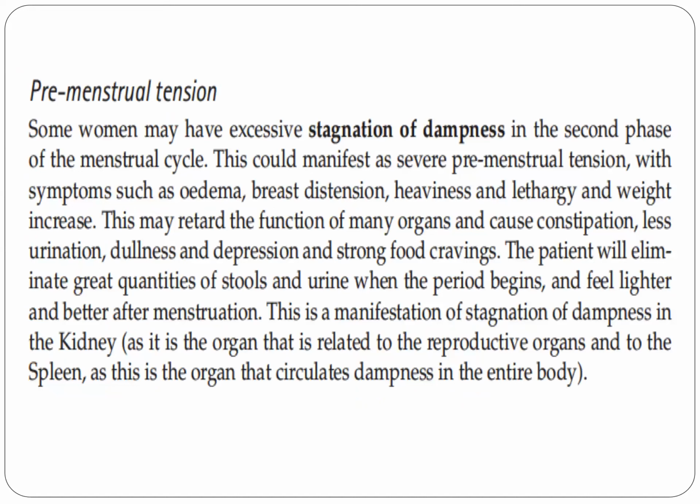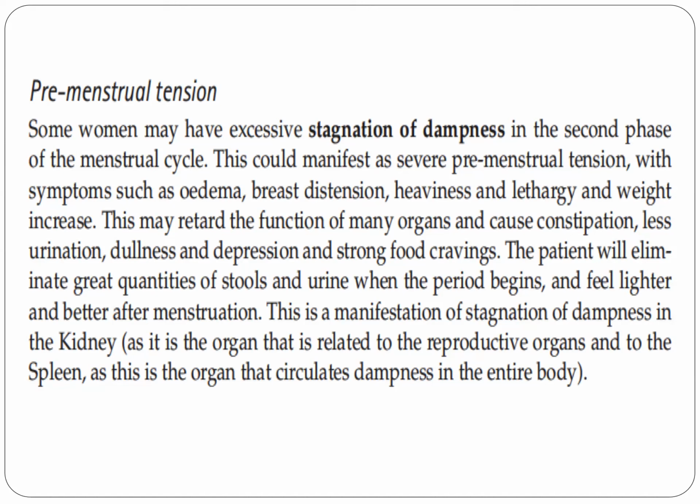So let's go to premenstrual tension. Some women may have excessive stagnation of dampness on the second phase of their menstrual cycle. This could manifest as severe premenstrual tension with symptoms such as edema, manas, breast distension, heaviness, and lethargy, and weight increase, tumataba. This may retard the function of many organs and cause constipation, less urination, dullness, and depression, and strong food cravings.